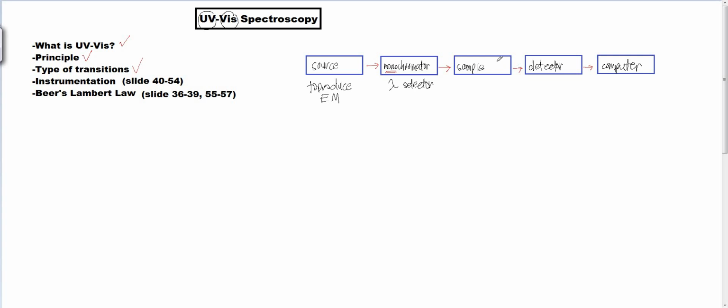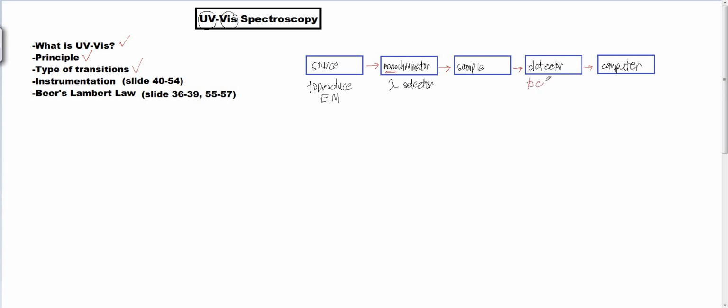And then once the absorption occurs here, so it must be the detector. Why? Because to detect our sample ataupun to detect the absorption, to convert, right?